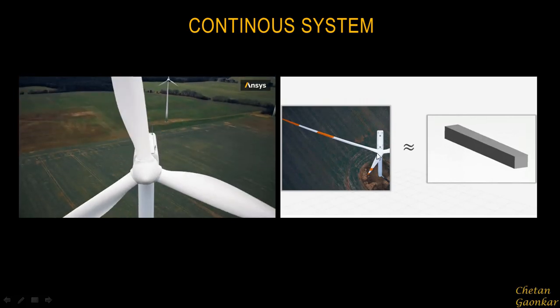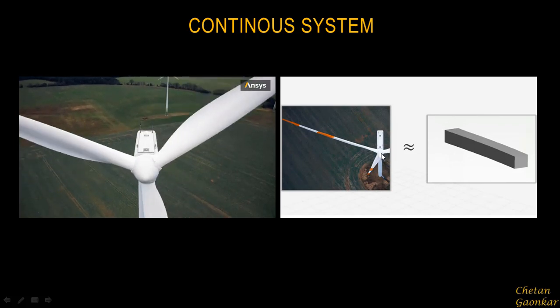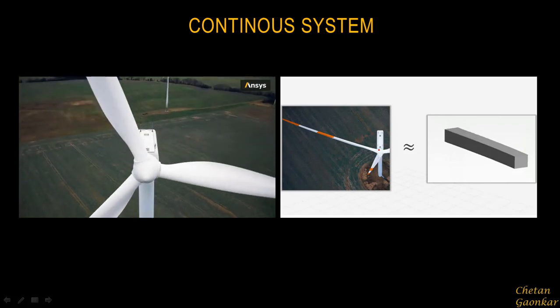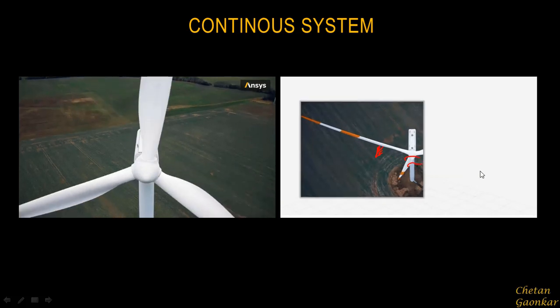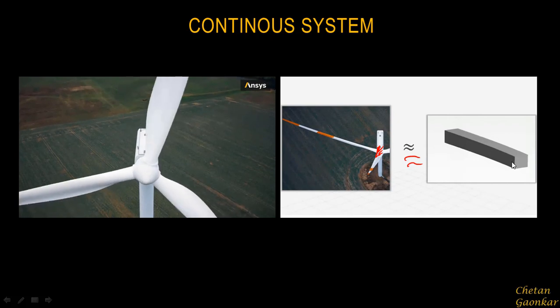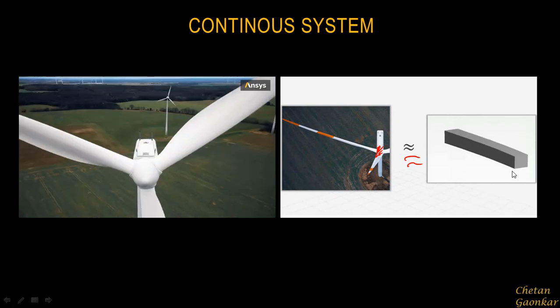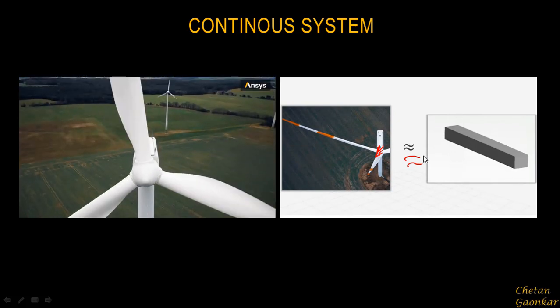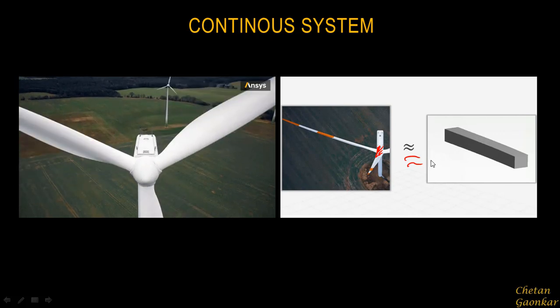The reason is it is fixed at this end, almost fixed here, and free at this end. So one can idealize this as a cantilever beam and then find the natural modes of this cantilever beam. All right, so that can be done.